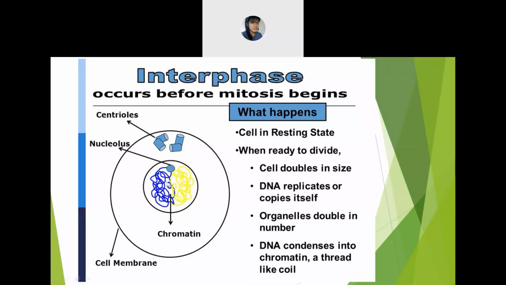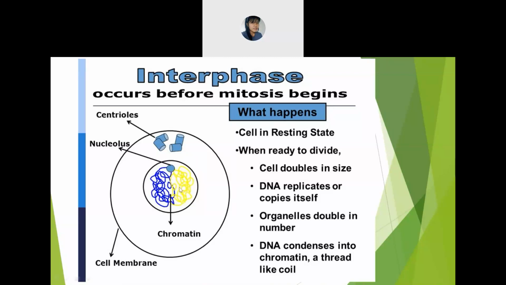Can you see this, everyone? Yes, ma'am. They will form like this. So this is a cell membrane or else a plasma membrane. This is the nucleolus and these are the centrioles in the cell. Okay, is it clear about the interphase, everyone?